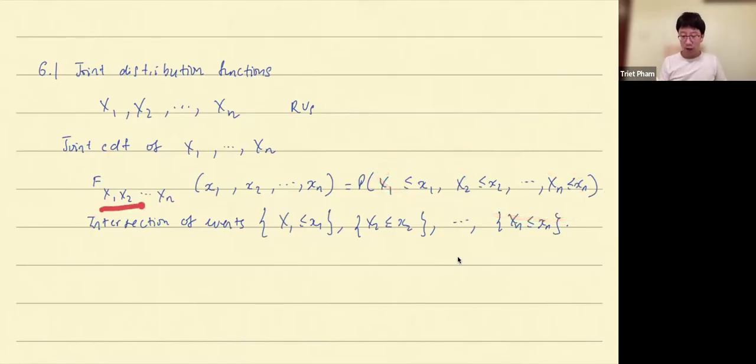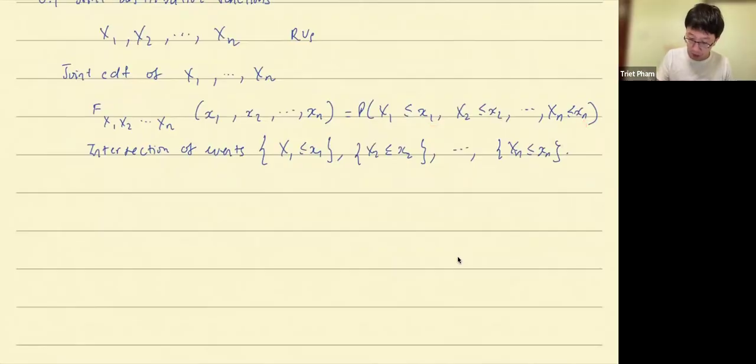In a CDF case, it's less than or equal to some points. It can be done with n points, but the most popular case, of course, is when n equals 2, because we can draw a picture here.